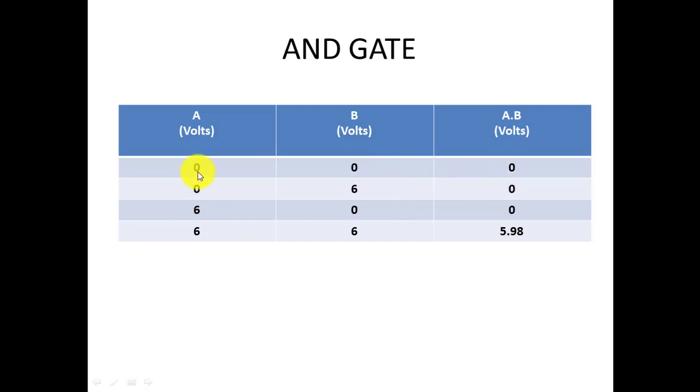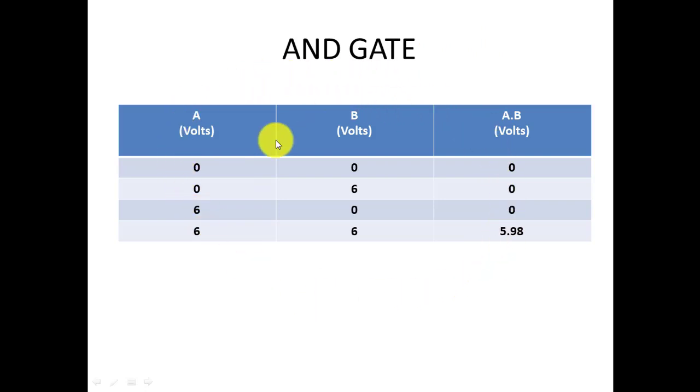As we applied 0 at A and 6 at B, the output was 0, and as we applied 6 at A and 0 at B, the output was again 0, and when we applied 6 volt at both A and B, in that case the output was 5.98 volt.